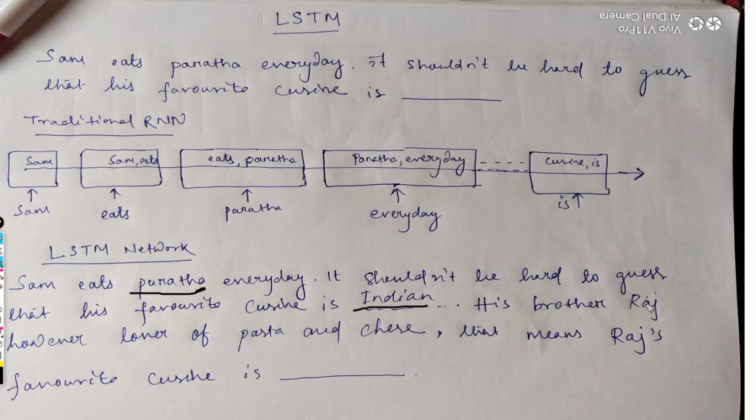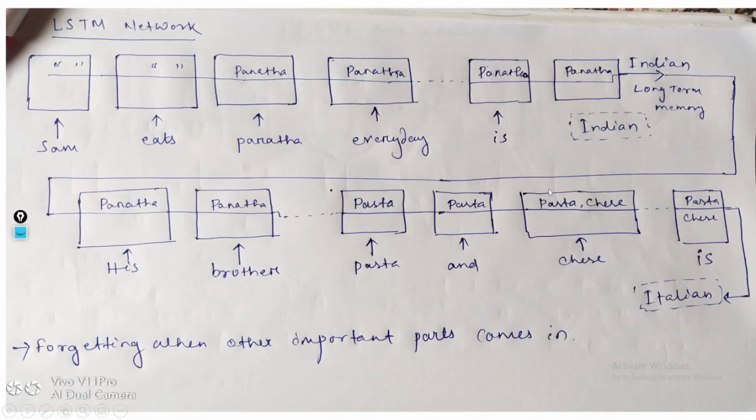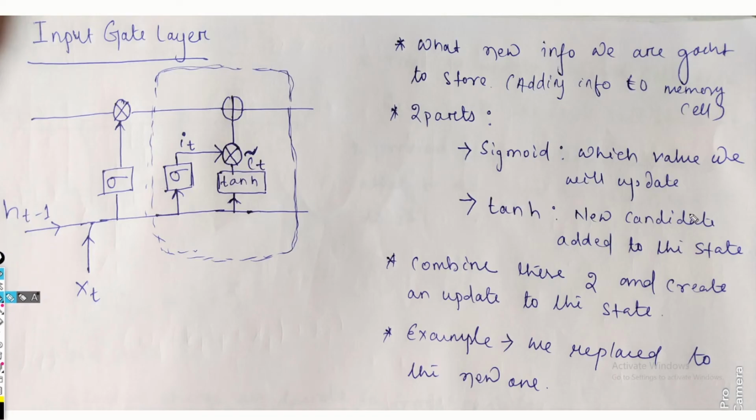When the next important words come, which are pasta and cheese, it has to forget paratha, or else for this cuisine it will also predict Indian, because paratha is Indian cuisine. But it has to forget paratha and remember pasta and cheese to predict Italian cuisine. This is the thing I wanted to tell you. You can go through this structure that I have built again, so you can easily understand. So we understood about the input layer. Let's go through the next layer.